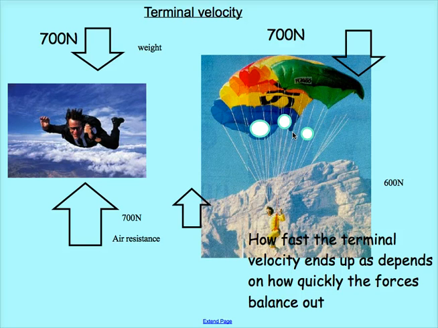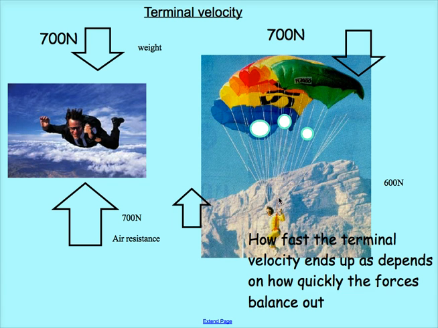This one, however, has jumped out of the plane already with the parachute, and there's loads of air resistance because there's a lot of area for the air to hit. So maybe, we're just making it up, it's 600 newtons of air resistance automatically when he jumps out of the plane.